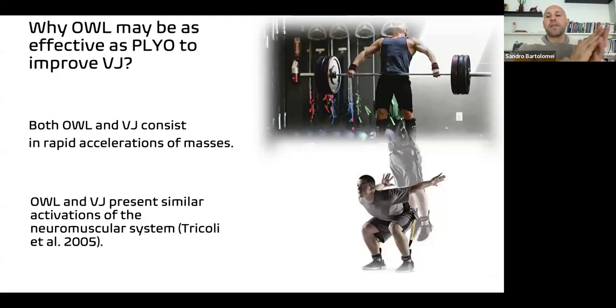The results are that both Olympic weightlifting and regular lifts can improve the performance in vertical jump. But if you are working at a slow muscle contraction in squat and deadlift, for example, the improvement in vertical jump may be lower compared to Olympic weightlifting exercises. Okay.